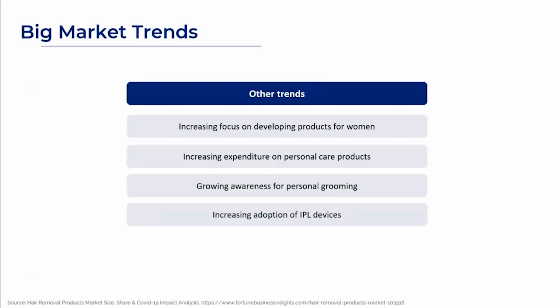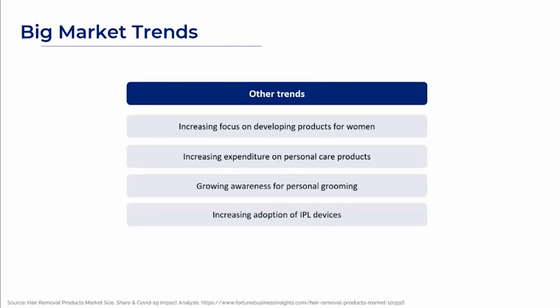There is growing awareness for personal grooming as people go to the cities. Another factor is all the advertising that is happening in this category, so the awareness is growing, and increasing adoption of IPL devices, as I said before. For example, there are homemade devices and there are also the standard devices. So all these trends are very positive for us.